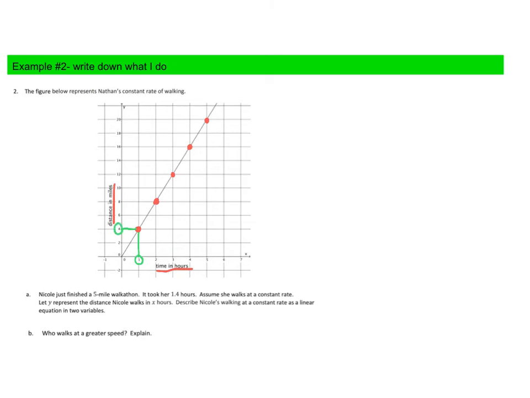My y is a 4, my x is a 1. So y divided by x is 4 divided by 1. Well, what is 4 divided by 1? 4. So this is my m. So if I wrote this out as an equation, my equation would be y equals 4x, right? y equals mx.